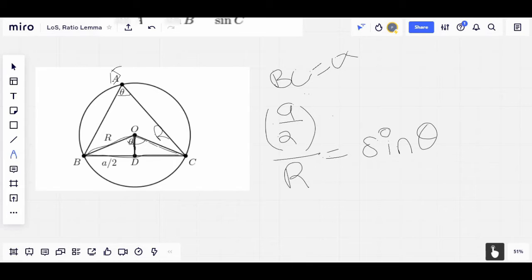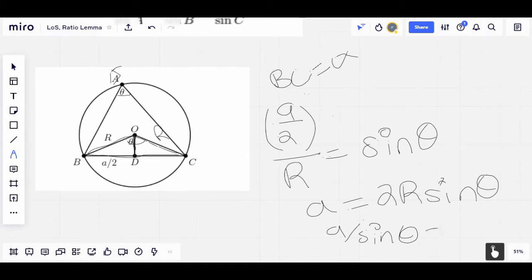So note that a equals 2R sine theta. All I have done here is multiply out the denominators. Okay, nice. So this gives, and then actually you have to divide by sine theta. So we get a divided by sine theta equals 2R.